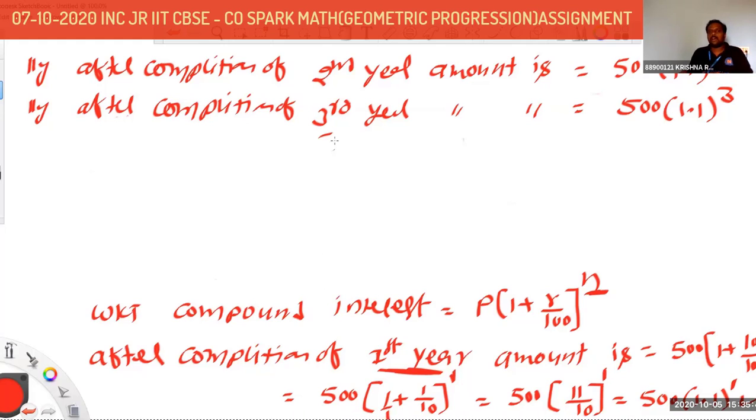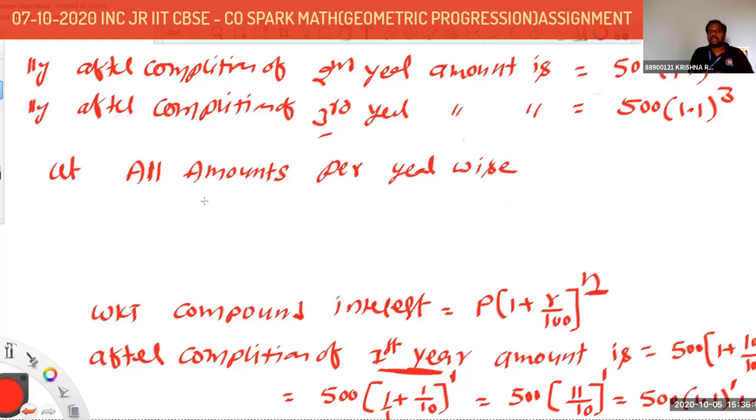Understand? The first amount, 500, is already there; it is term 1. Now let us write all amounts year-wise. 0 year, 500.